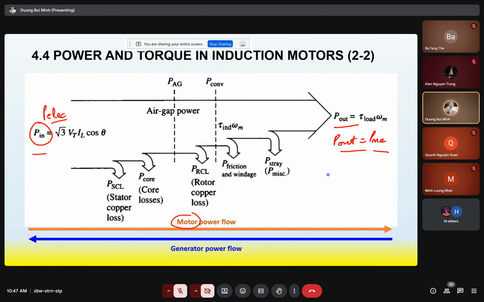The power flow of the induction motors. Otherwise, if P in is mechanical power and P out is electrical power, that is the reverse direction, so you get the power flow of the generator. It depends on the question. The question gives you the object of induction motor or induction generator, and you use the power flow diagram correspondingly.